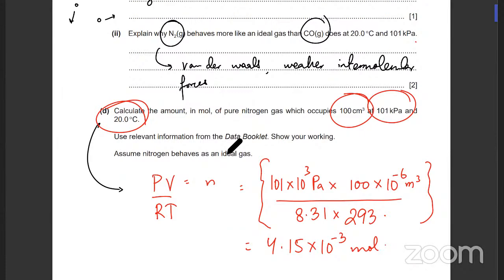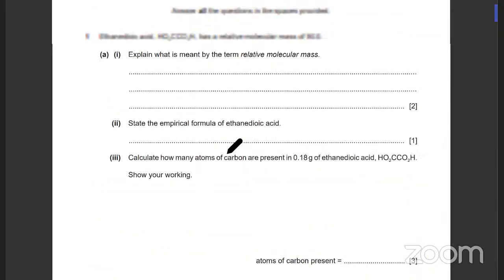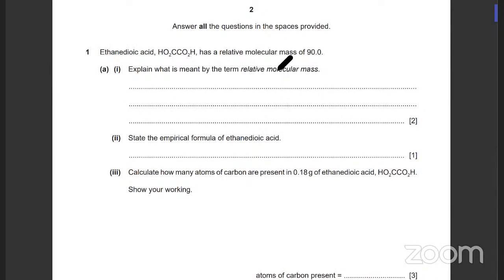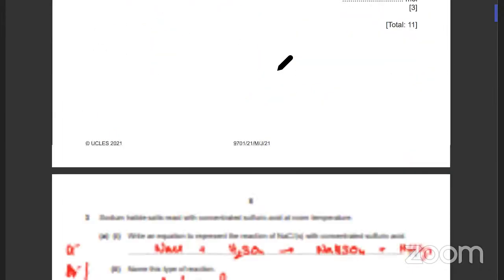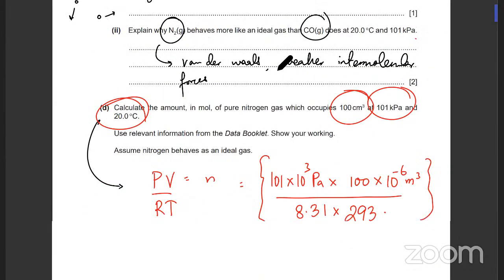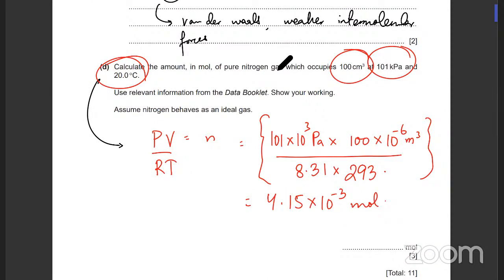Are we done with this one? I think we're done. Excuse me, sir. We were supposed to divide, not multiply the volume, because my answer is like 4.1 times 10 to the power -13 if we multiply. Because it's cm cubed, we have to convert it into meters cubed, so times 10 to the power -6.